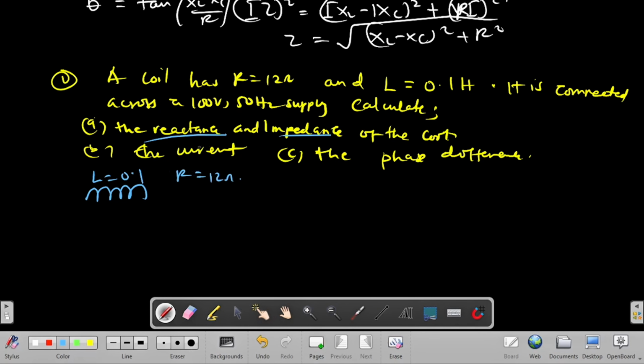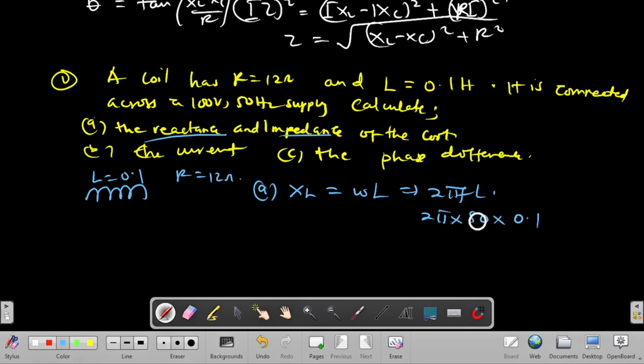To calculate the reactance, the only reactance we have in our circuit is the inductive reactance, XL, given by omega L, which is 2 pi f L. So 2 pi, what is our frequency? 50 hertz, multiplied by our inductance 0.1.